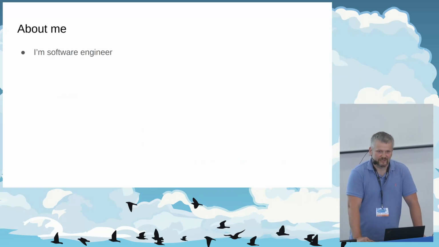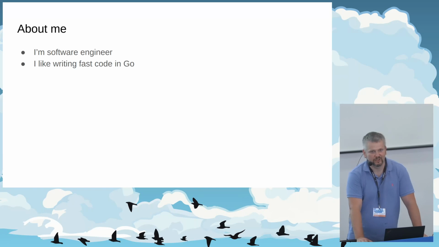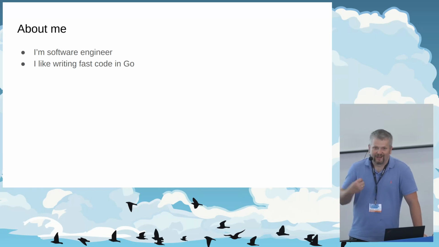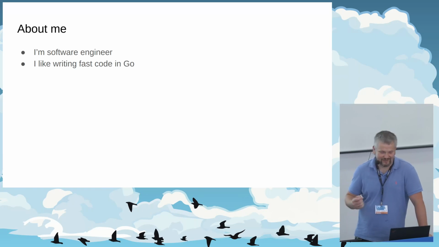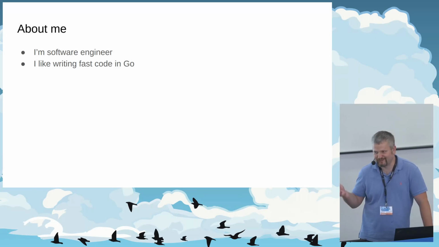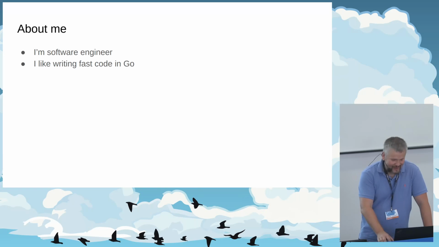Let me introduce myself. I'm a software engineer, and I'm fond of programming in Go, and I'm fond of writing optimized programs in Go, fast programs in Go. Probably if you program in Go, you know my packages such as fasthttp, quicktemplate, and so on.